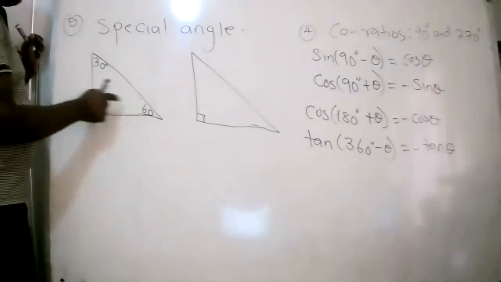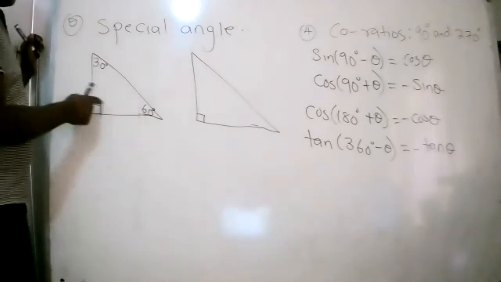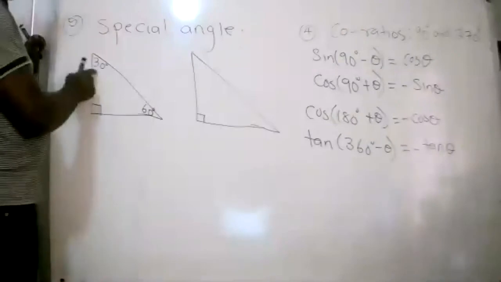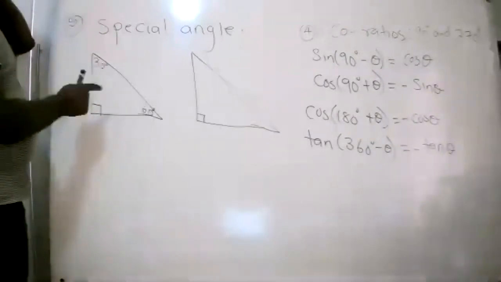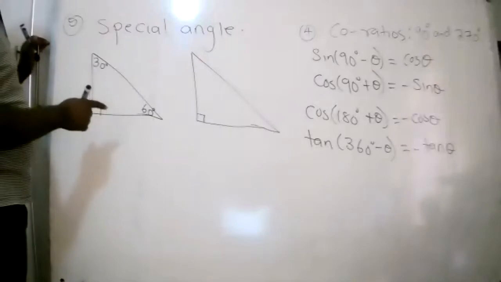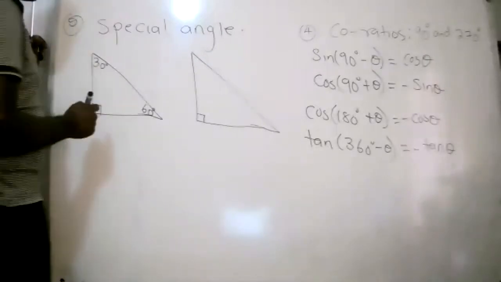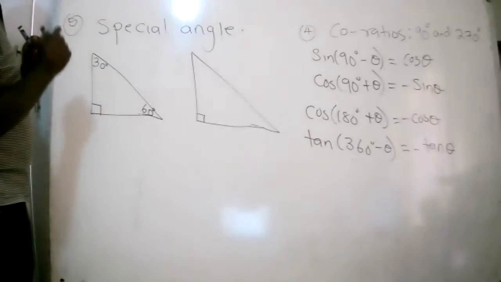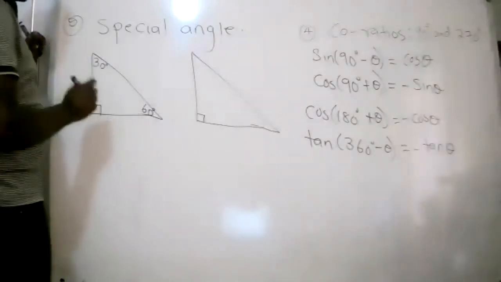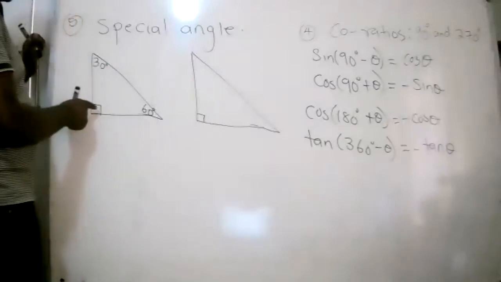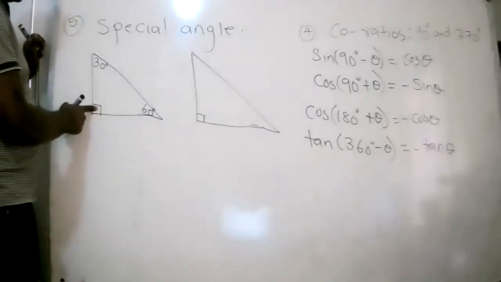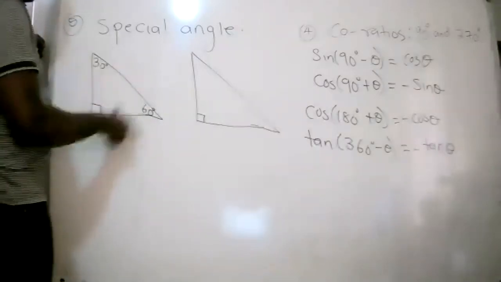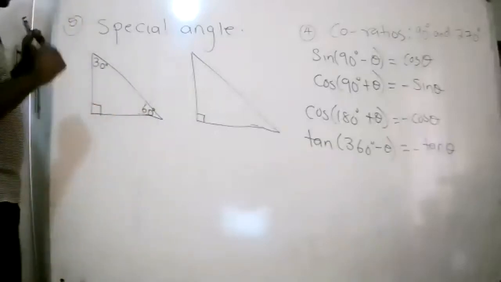When you add up these angles, they must give you 180 at all times, so that it satisfies the condition that the sum of angles inside a triangle must be equal to 180. That same principle must apply here. So it's 90 degree plus 60 plus 30, which is 180 degree. Therefore, this satisfies the condition.